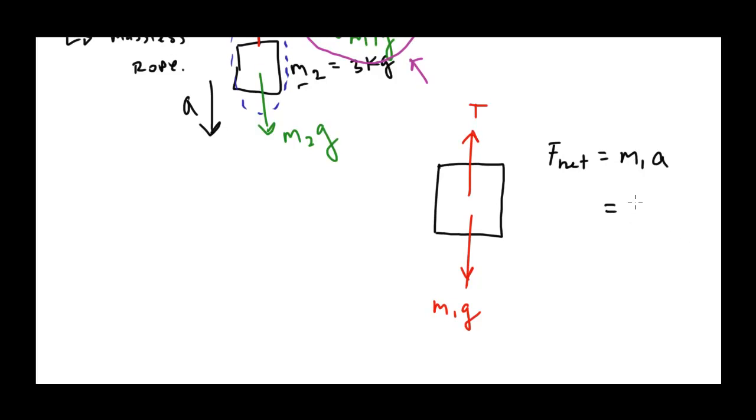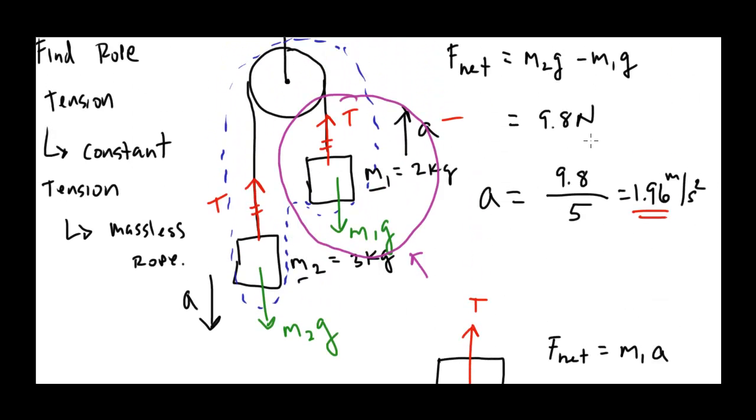This would be 2 times 1.96. And what is that? How do I get this net force? Well, look at it. The tension force is up. M1G is down. Which one is bigger? Well, this is accelerating. The acceleration is up, right? Go back to this picture. It's an upward acceleration, meaning the tension force must be bigger than M1G.